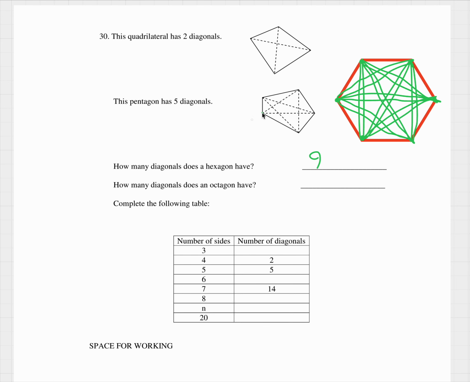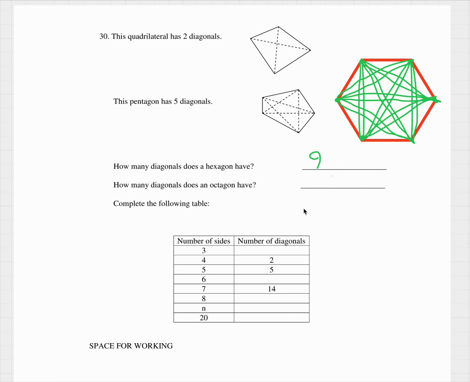Because I can't go from this vertex to itself, that's not a diagonal. I can't go to that vertex because that's already a side of the shape, and I can't go to the other one either. So for each vertex, 3 vertices are excluded from the total number of vertices. Only the total number of vertices minus 3 will give me diagonals of the shape.